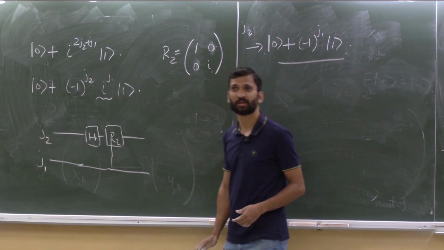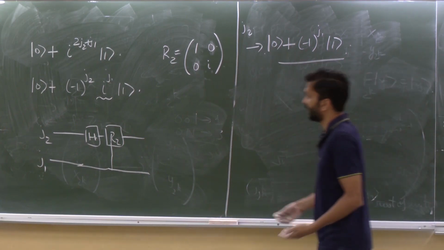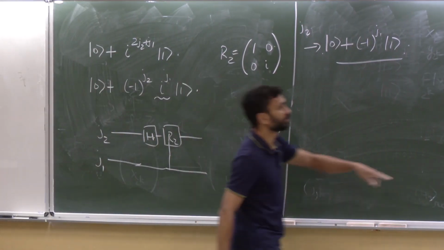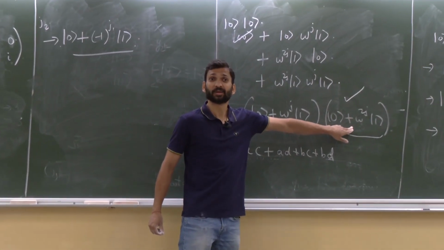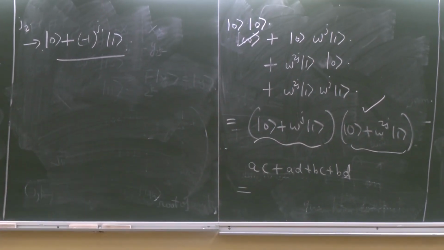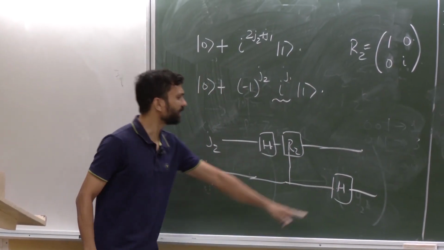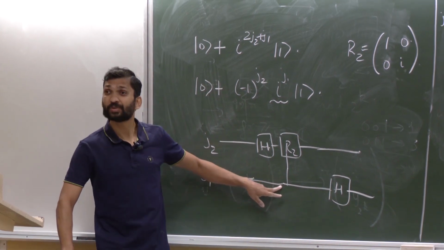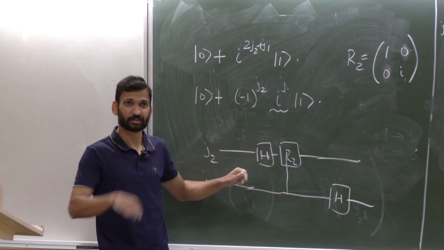That's all. Right? And remember, what were we supposed to do on J1? We were supposed to apply Hadamard. Why didn't I apply Hadamard here? Because the control will change. So this order is actually important.